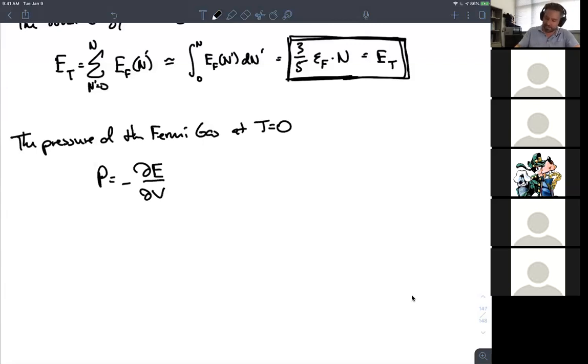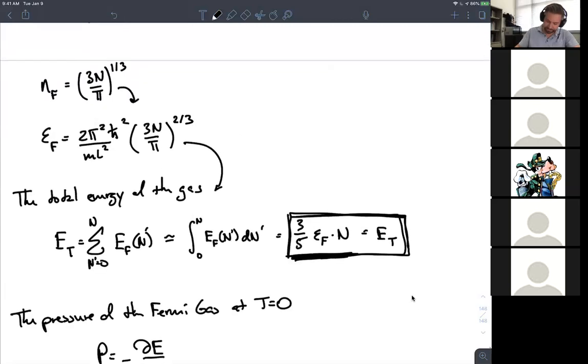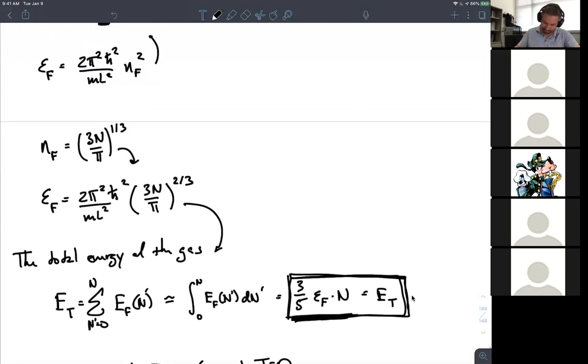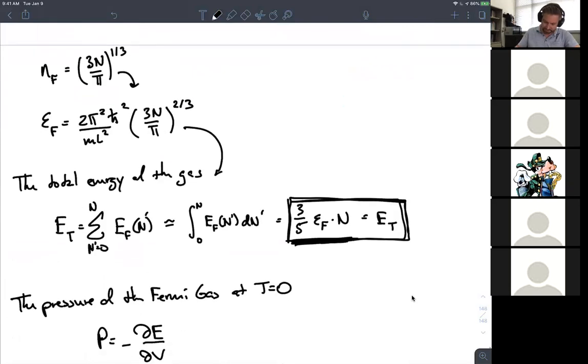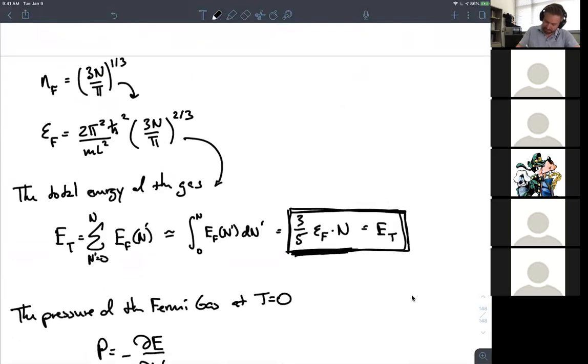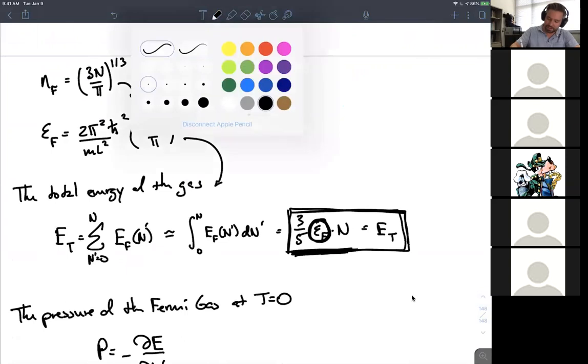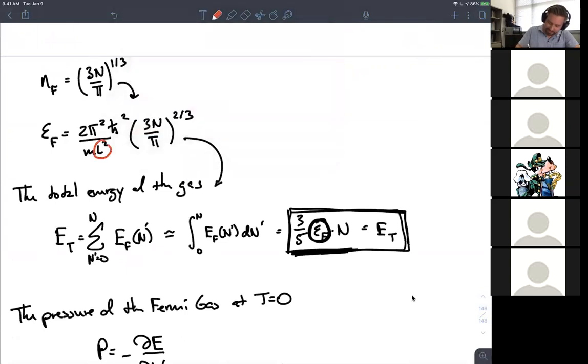So again, we've got that the total energy is a function of the Fermi energy. And the Fermi energy, you can see right here, depends upon the volume of the box.